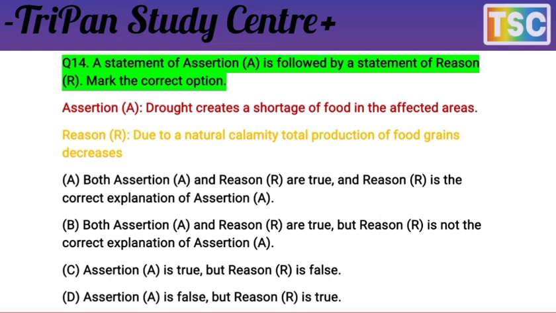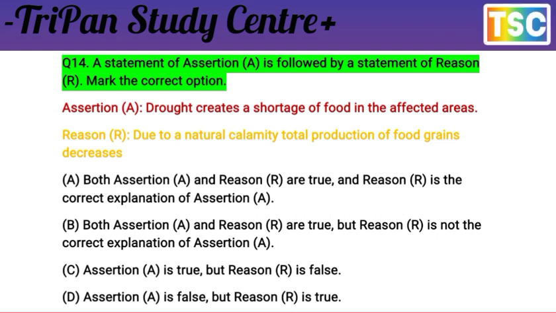Both are correct. But looking at the options: A, both assertion and reason are true, and R is the correct explanation of assertion A. B, both assertion and reason are true, but reason R is not the correct explanation of assertion A. C, assertion A is true, but reason R is false.